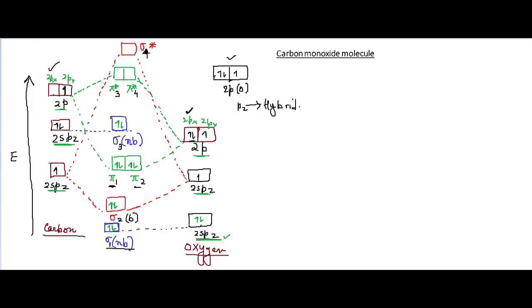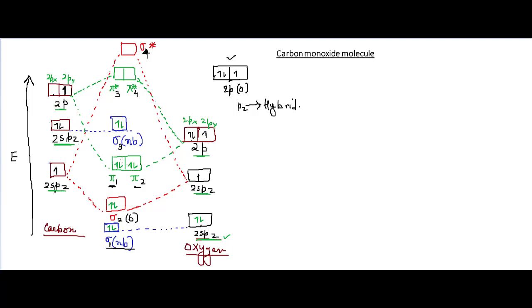We have added it in the 2py because 2px of oxygen already contains 2 electrons. So this is the reason. So 4 we have filled here.